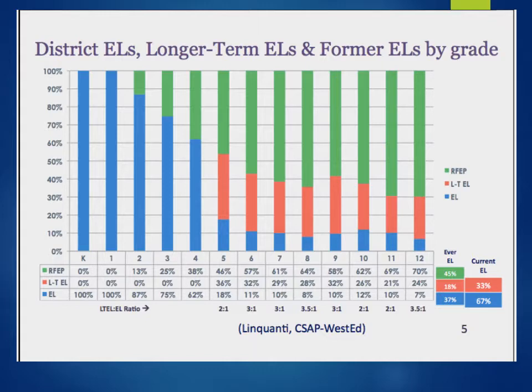Well, where did they all go? They're all in the green group, okay? Are we still looking at those students? Do they still need services? Are they meeting the goals, and do they still need some degree of language support in order to master their academic content?